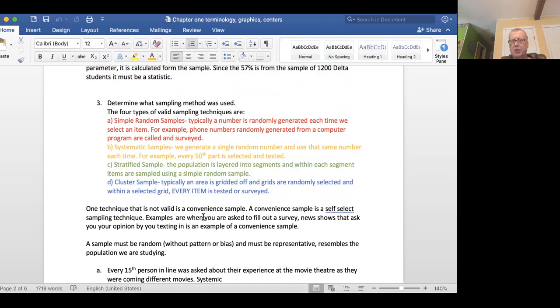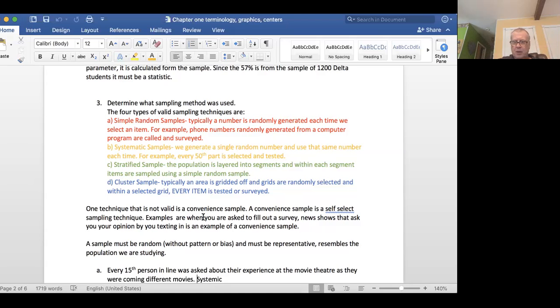When they mail that out to you, it's really a worthless sample. It's a convenience sample. You self-select whether or not you will be in it. That means there's no randomness to it. It also includes bias. Remember, bias is the idea that there's some kind of pattern or some kind of situation that is not totally random.